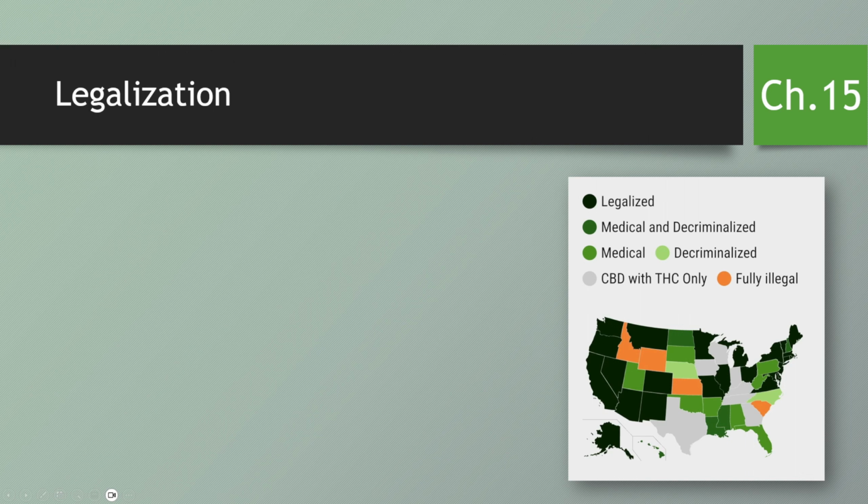All right, then we will end here talking about the legalization of marijuana and how that has progressed throughout our country, at least here in the US. Currently, 38 states have legalized medical marijuana at least, and you can see even more in this graph under different regulations. So there are lots of different classifications here of how this works. The dark green is fully legalized and able to be purchased.